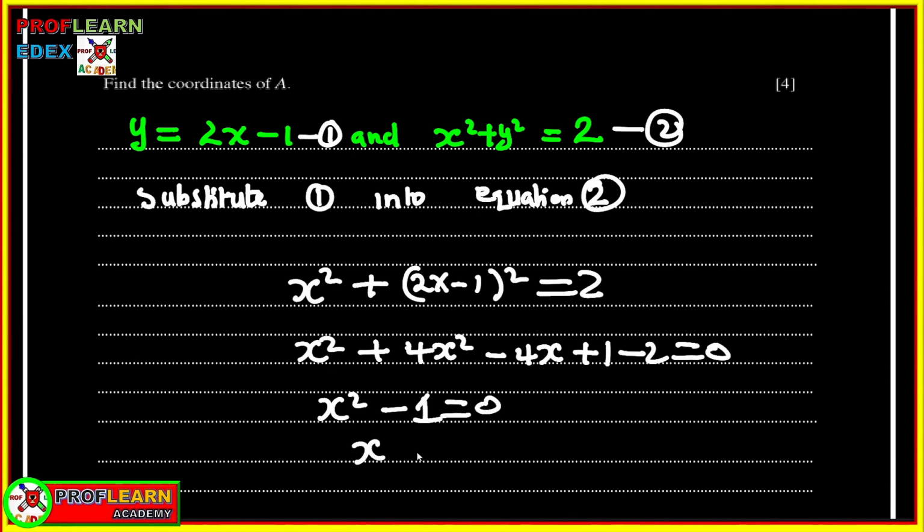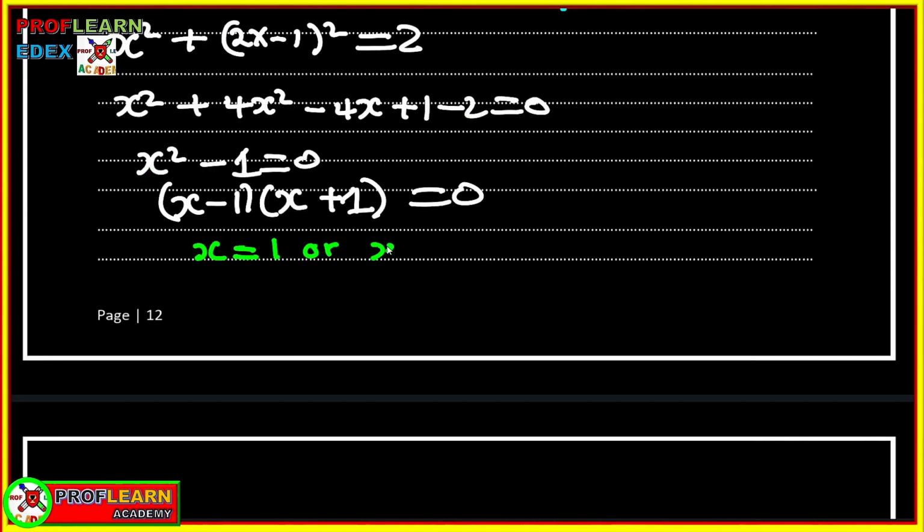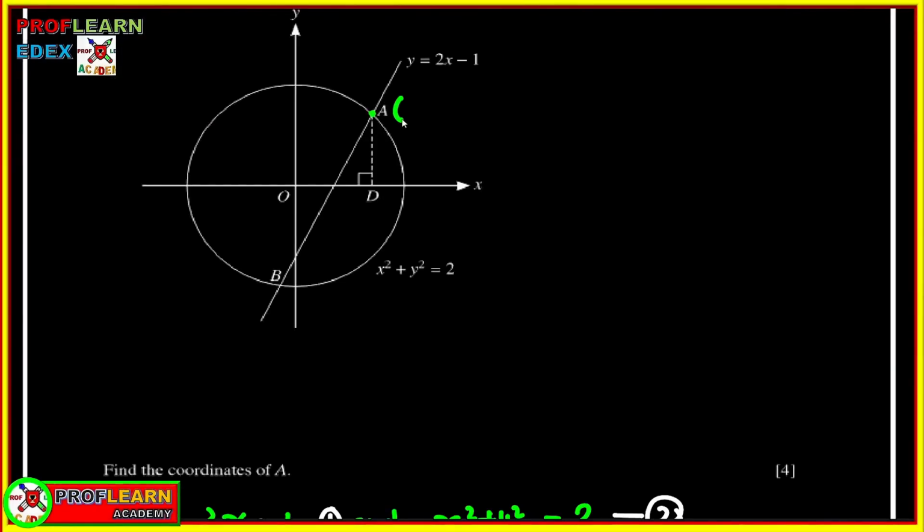Solving that quadratic equation now, you can see this is a difference of 2 squares, x equals 1 or -1. So at A, x must be positive, but at B, x is going to be negative. So that's why we are getting two answers, x equals 1 or x equals -1. But A has to take the positive coordinate.